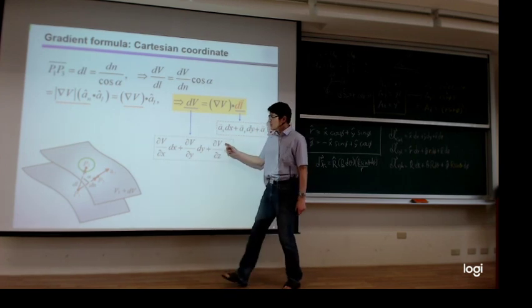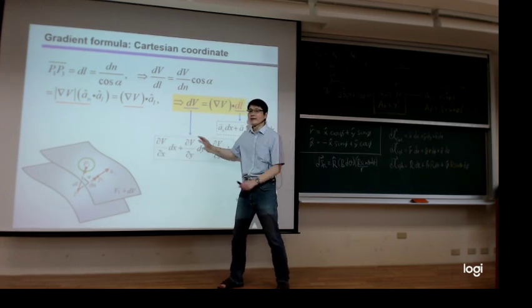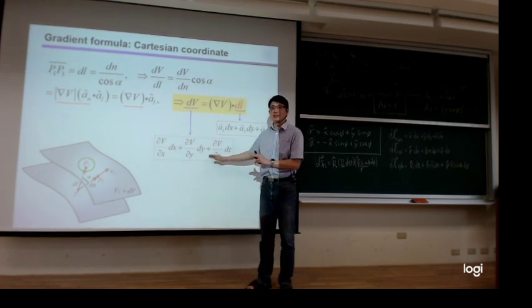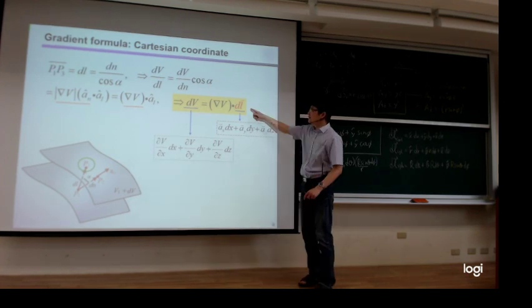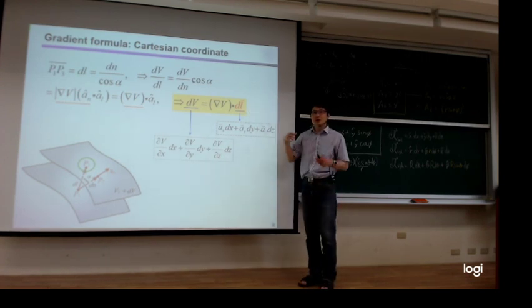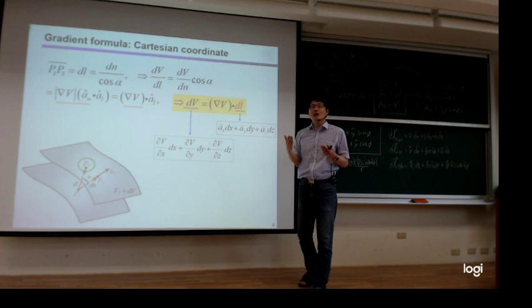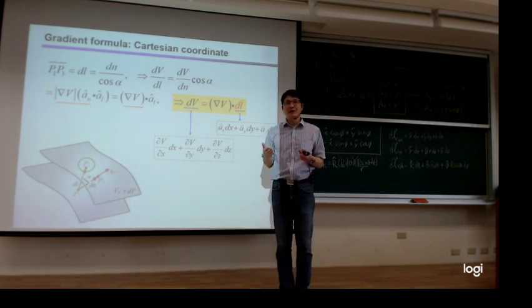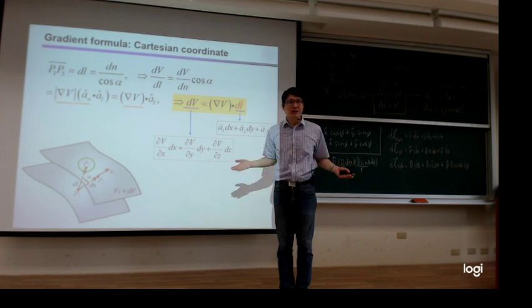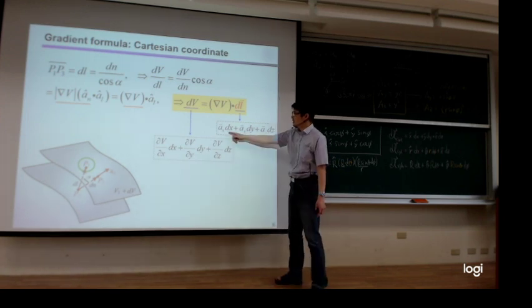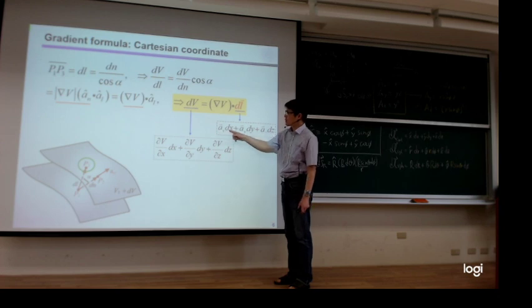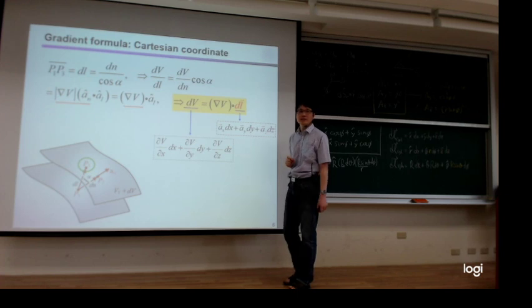Okay? So this is straightforward. This is not coordinate dependent. dl, do I know how to write down differential length for Cartesian coordinates? Yes. We spent 40 minutes on it, right? So this is x direction times dx plus y direction times dy plus z direction dz. Straightforward.